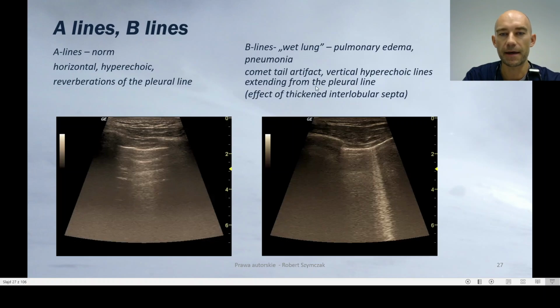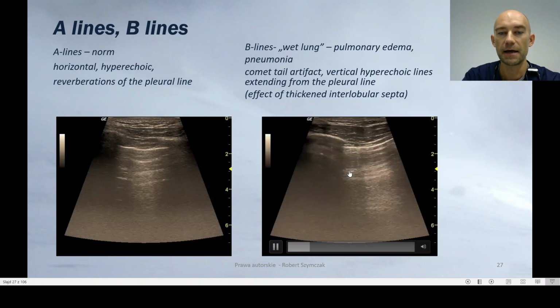And the B lines are characteristic for the wet lung. So maybe not in a trauma patient, but when you've got a patient with crackles on auscultation, and those crackles are bilateral, you suspect pulmonary edema, and you would probably find the B lines.